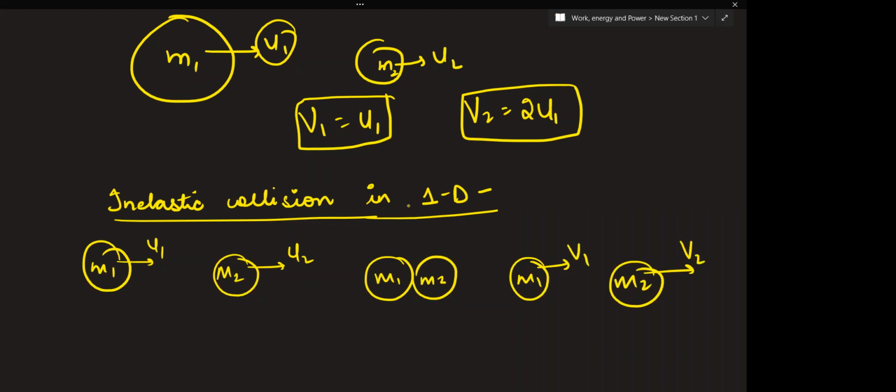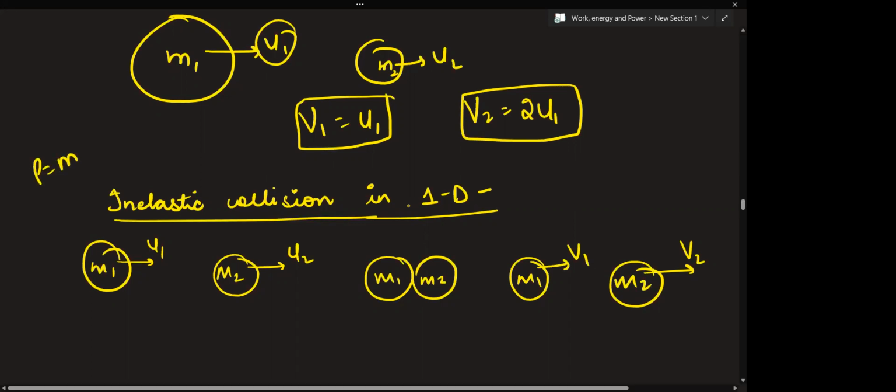See, in case of inelastic collision in 1D, we'll apply the same conservation of momentum. So momentum's formula is mass into velocity, right? So same thing we'll apply, conservation of momentum.